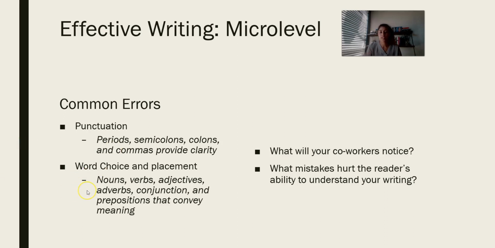Same with word choice and placement. Nouns, verbs, adjectives, adverbs, conjunctions all have very specific functions and meanings, and if you're misusing them, the reader's going to be like, what? They may not know exactly why the sentence isn't working or why it's confusing, because a lot of these writing, grammar, and word choice rules, if you grew up with English as your first language in particular, you just sort of learned.